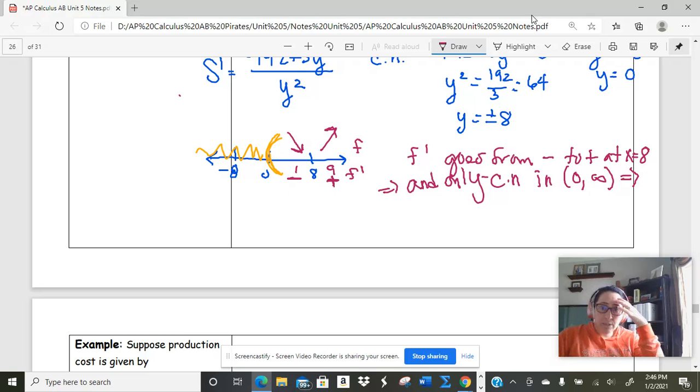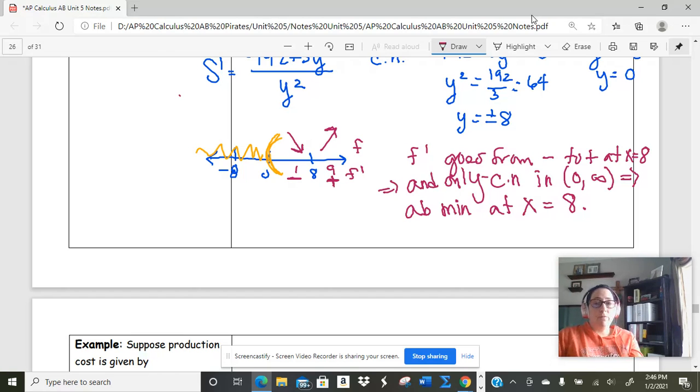Then I know, since it's the only critical number and it's going from negative to positive, that it has to be the absolute minimum. Okay? So then we can go plug in and find what our other one is.